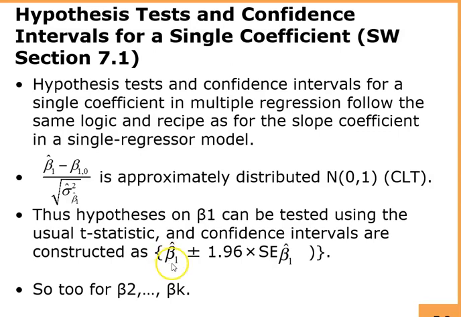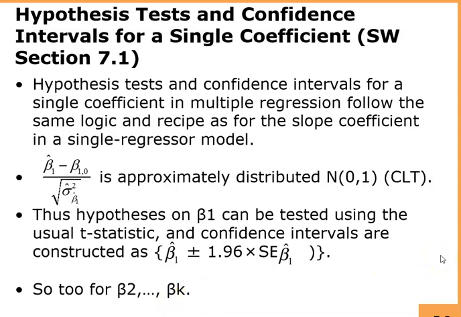So you have beta 1 hat plus or minus 1.96, which is the critical value for the two-sided 95% confidence interval, multiplied by the standard error of beta 1 hat. So you can do the same thing when you are testing the null hypothesis for beta 2, beta 3, up to any number of regressors that you have in the equation.